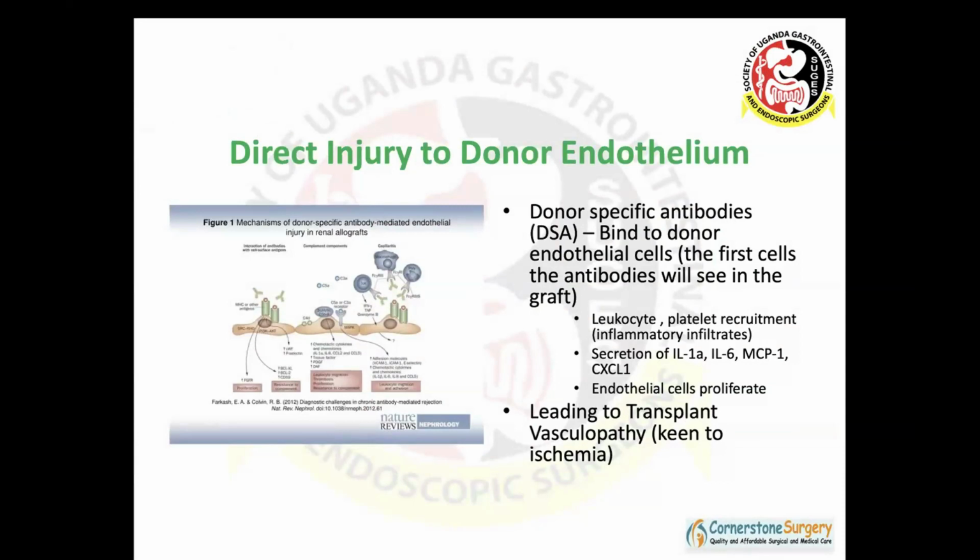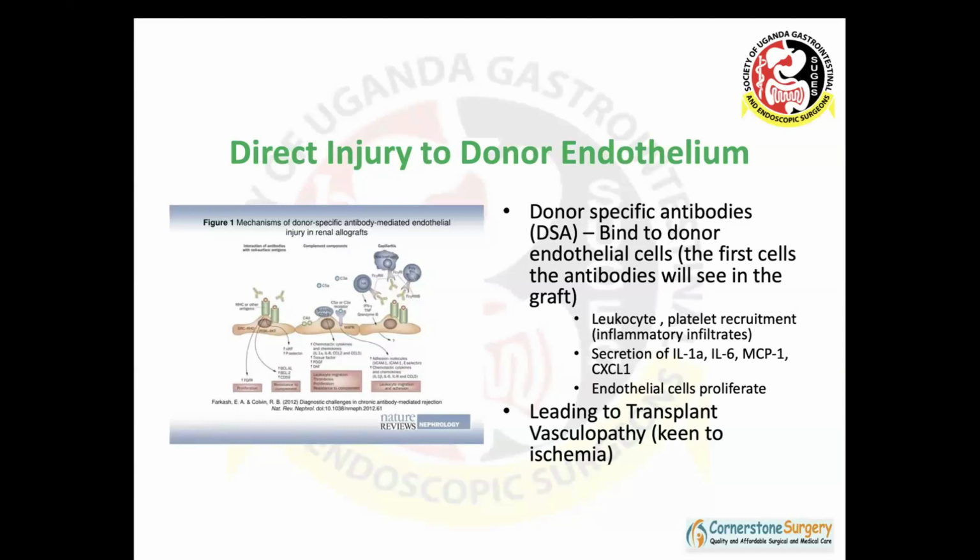Of all the 4 ways in which the antibody-mediated response works on the graft, the major one is the direct attack. The antibodies directly attack the endothelium, for one reason: those are the first cells they see. When the antibodies are released, the first cells of the graft they come into contact with are the endothelial cells, and in so doing they cause vasculopathies.